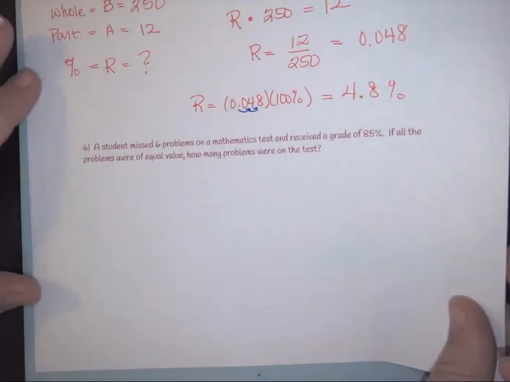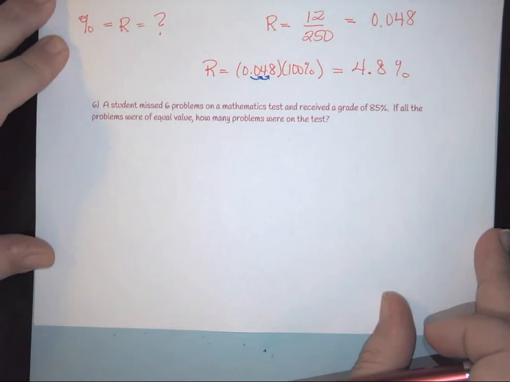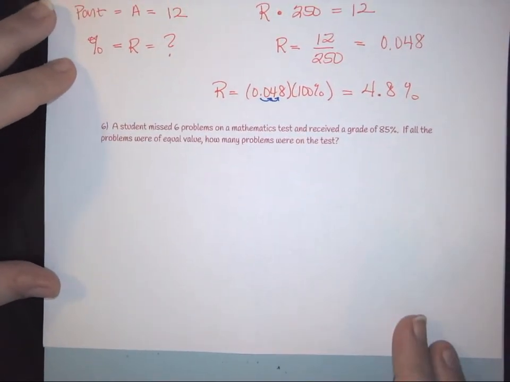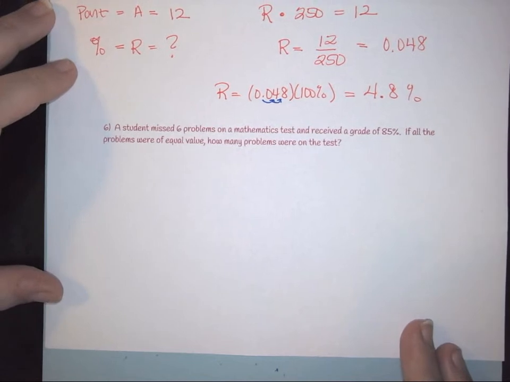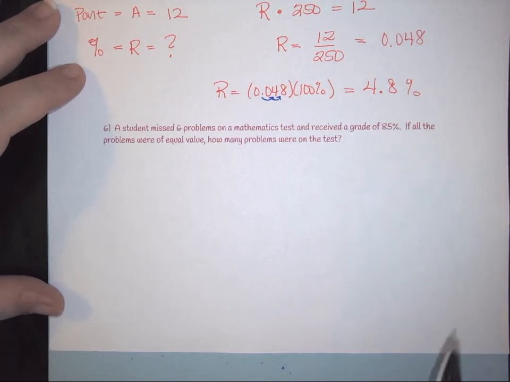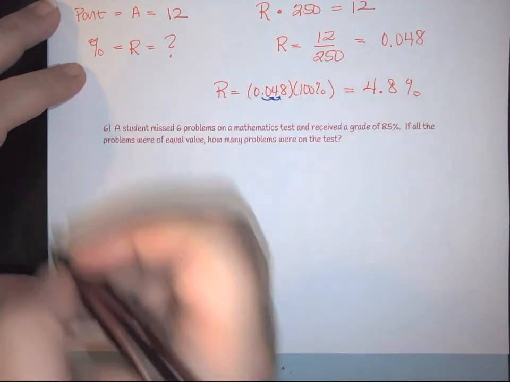Alright, now let's look at a slightly more complicated one. So here we have a student missed 6 problems on a math test and received a grade of 85%. If all of the problems were equal, how many problems were on the test? Okay, so first, what do we know?